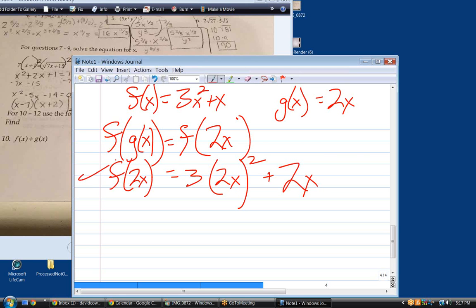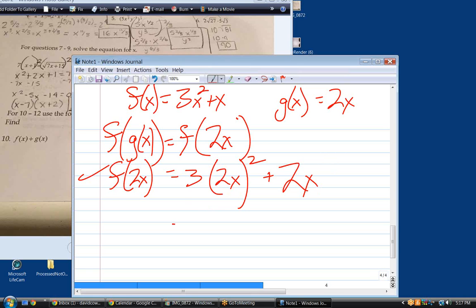And don't ever skip this step. Don't try to do both steps at once. Make sure that you just take whatever's in the parentheses and you plug it in for x in parentheses. Now, I could have put parentheses there, but it's not needed. It is needed here. If I don't put the parentheses in, then I'm not going to get the right number here.